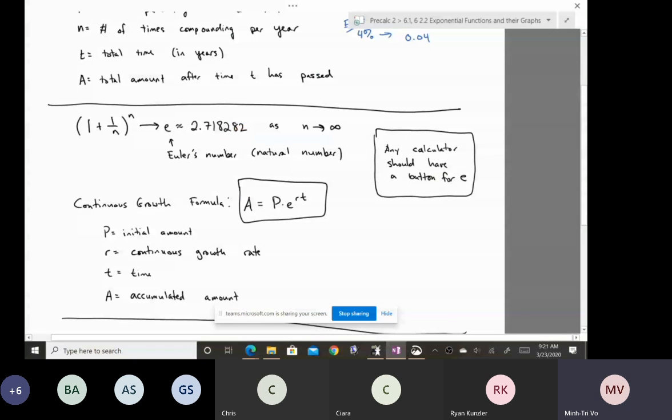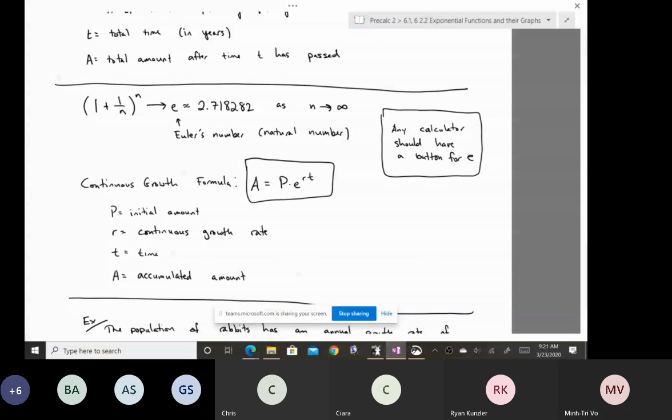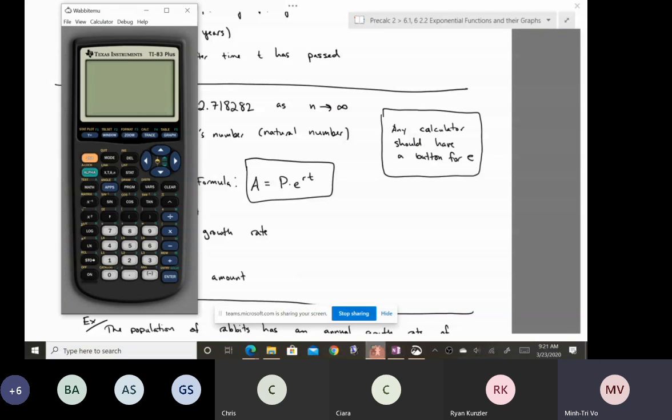As long as you have any scientific calculator that's more than a basic calculator, it should have a button for the number E, kind of like how it has a button for pi. On this calculator, there are two ways to get E. If you just want the number E, that's above the division symbol. If I press second and then this button here, you get lowercase e, and you see the number is about 2.718281828.